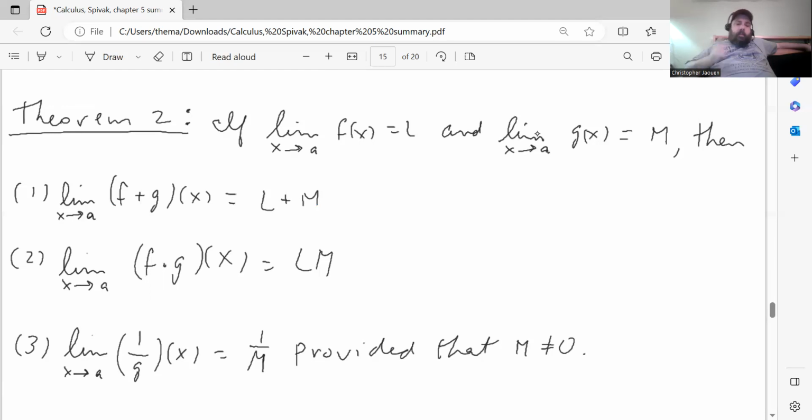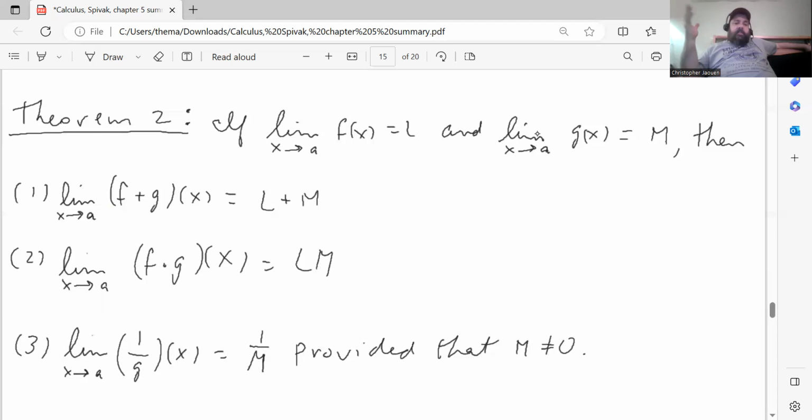For number one, if you take the limit as x approaches A of the sum f plus g of x, that's equal to L plus M. Then part 2 says the limit as x goes to A of f times g of x is equal to L times M. And part 3 says the limit as x goes to A of 1 over g of x is 1 over M, provided that M is not 0, because division by 0 is not defined.